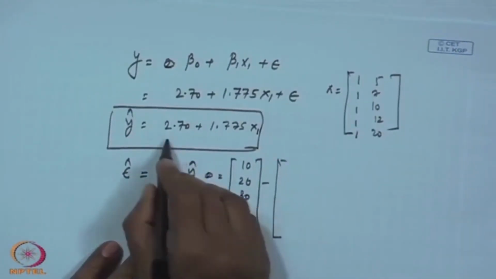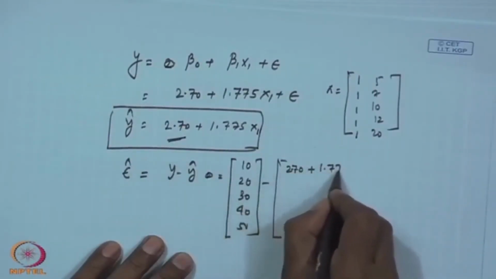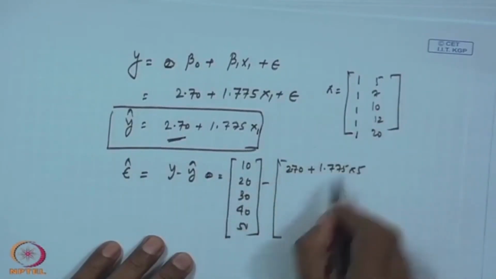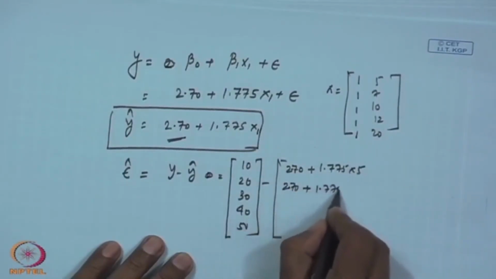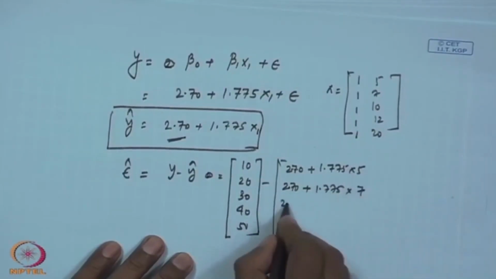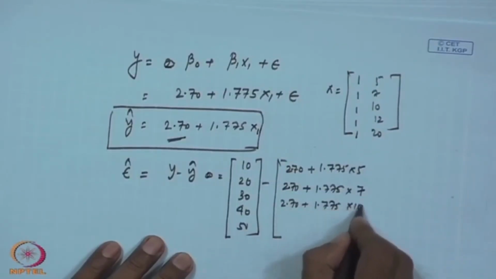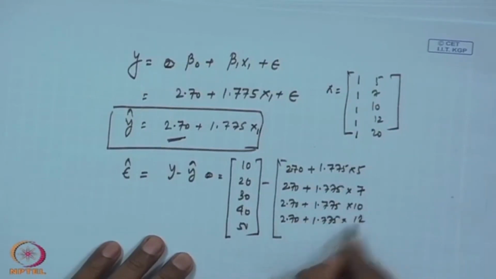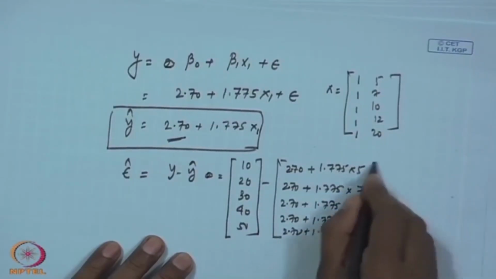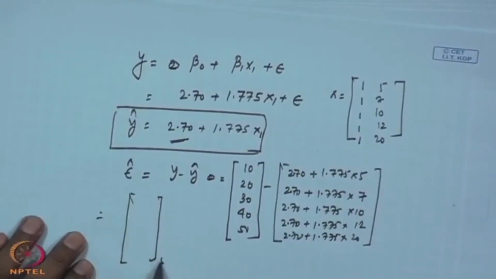Okay, so it is 2.70 plus 1.775. What is x1 value? 5. 2.70 plus 1.775 x2 value 7. 2.70 plus 1.775 x3 value 10. 2.70 plus 1.775 12. 2.70 plus 1.775 into 20. This will give you your error values. It will be 5 cross 1.